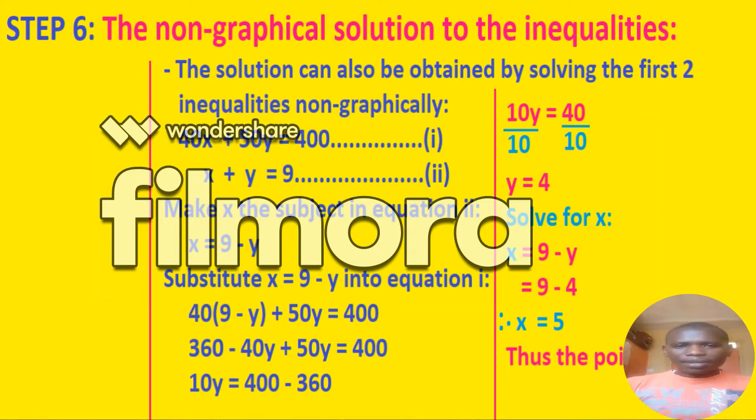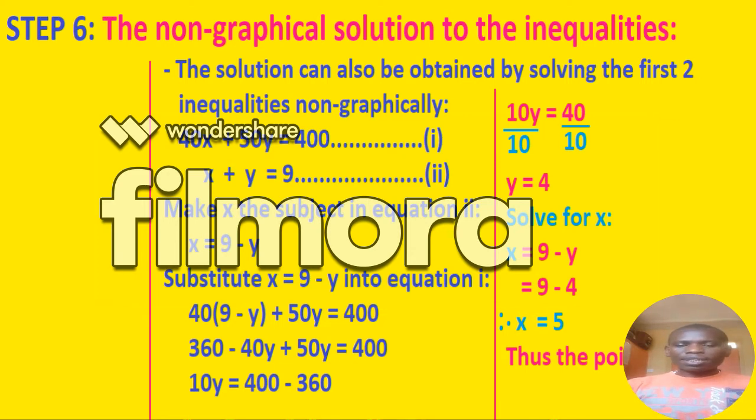Second equation, x plus y equals 9. Therefore, the first step in solving this is to make x the subject in the second equation for this case. So therefore, x is going to be 9 minus y.